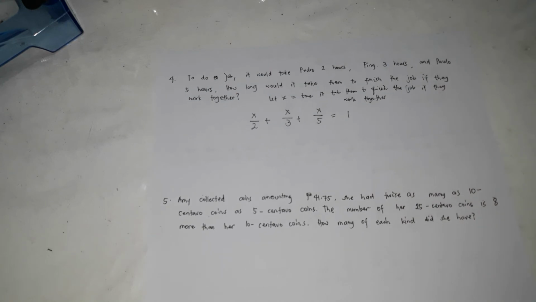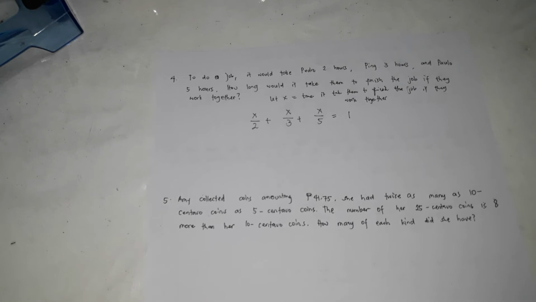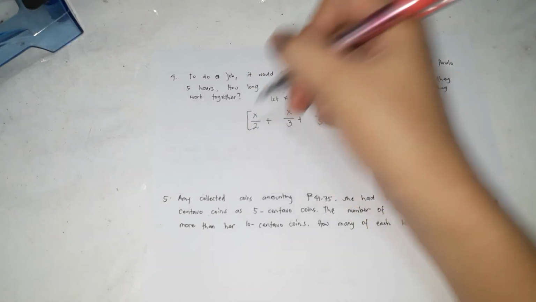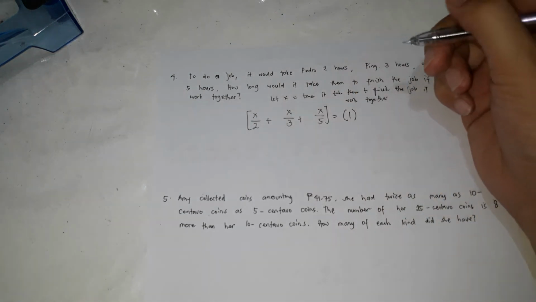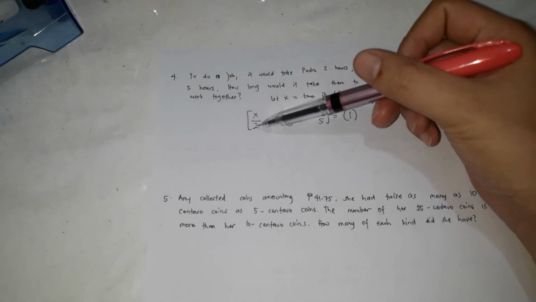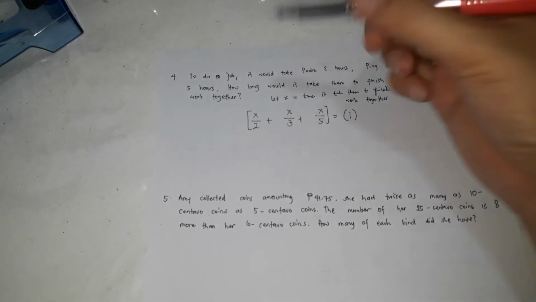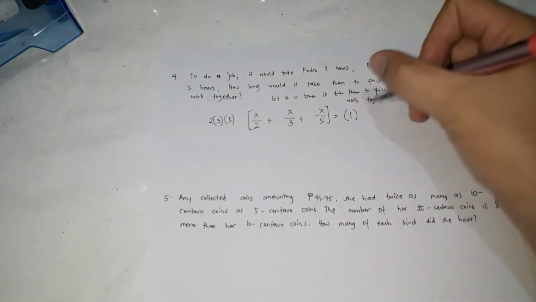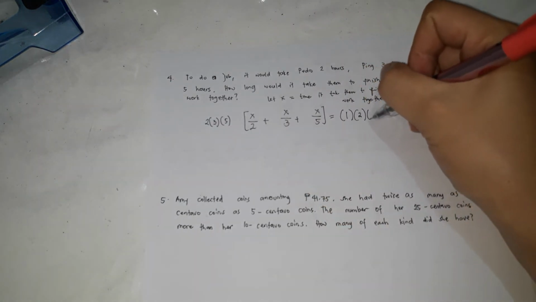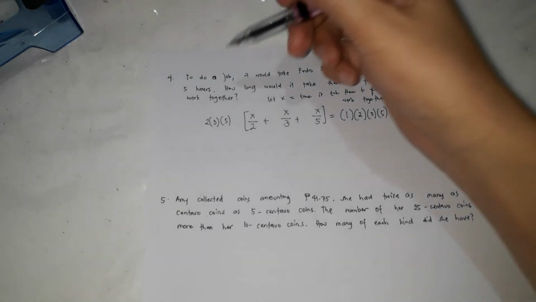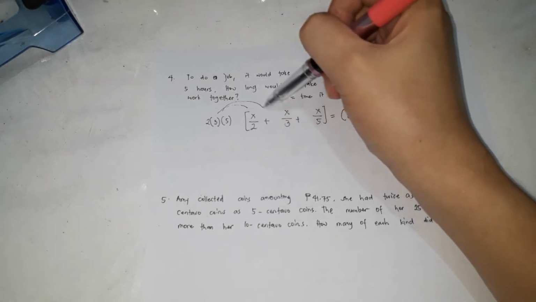So what we're going to do after that is we're going to multiply this, para mapadali lang siya, by the denominators. Yung denominators are 2, 3, at saka 5. So i-times mo siya by 2, 3, at saka 5. After nyan, i-distribute mo siya isa-isa.